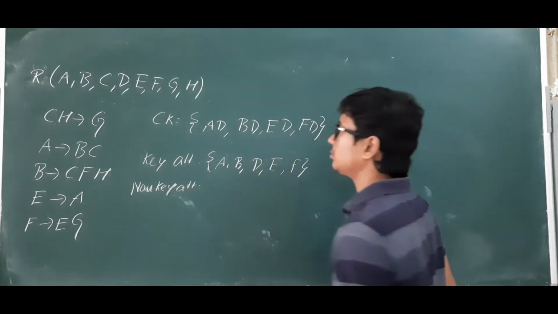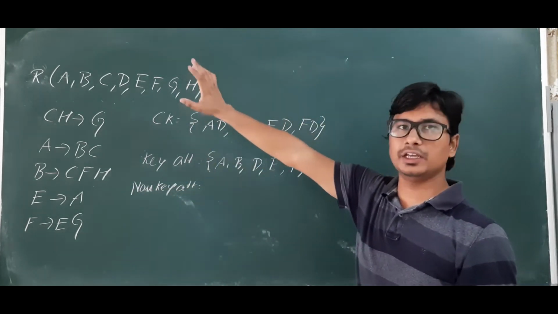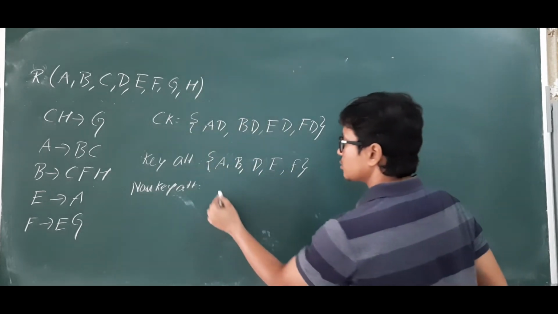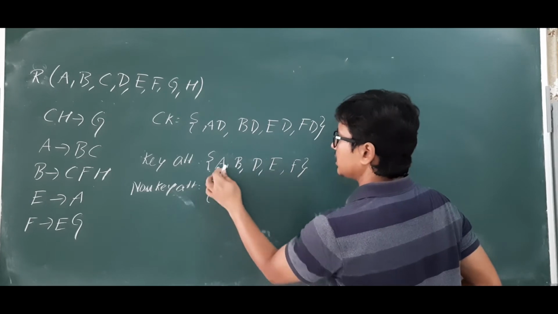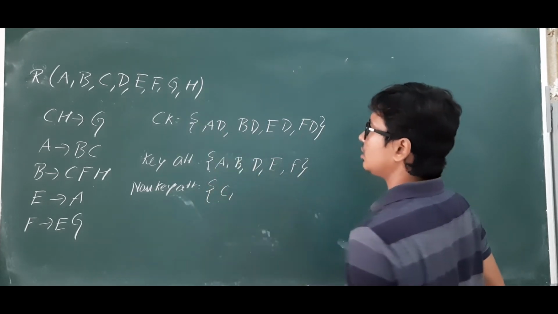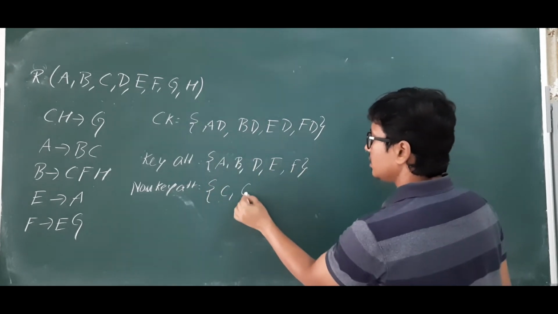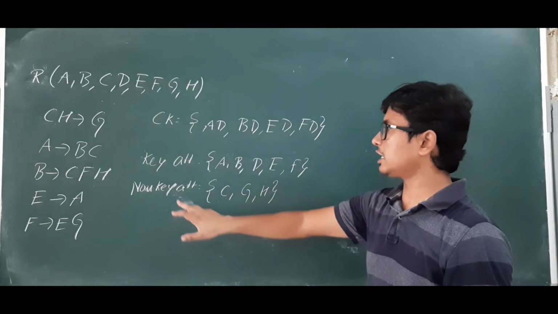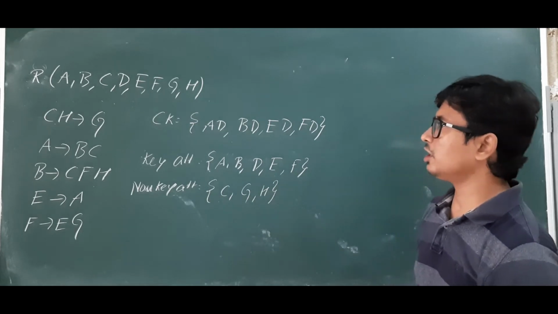The non-key attributes are the attributes which are there in the original relation but not in the key attributes list. So I can say that they are C and G, H, because A, B are there, C is not there, E, F are there, G, H are not there. So these are the set of key attributes and these are the set of non-key attributes.